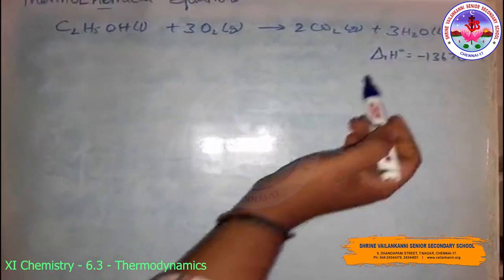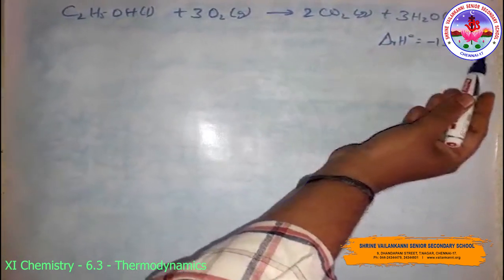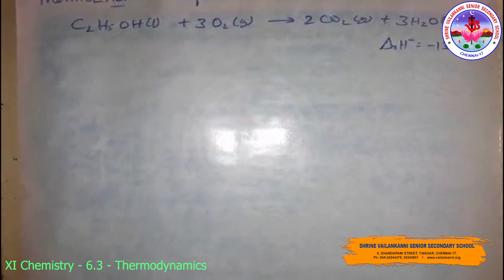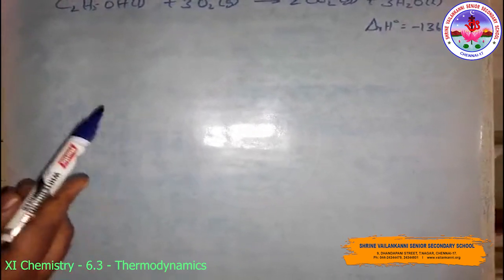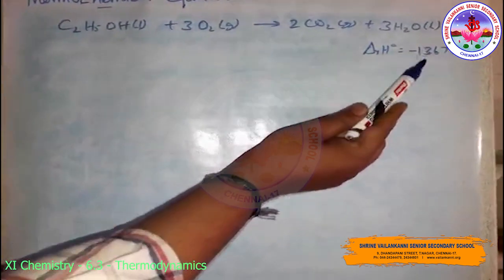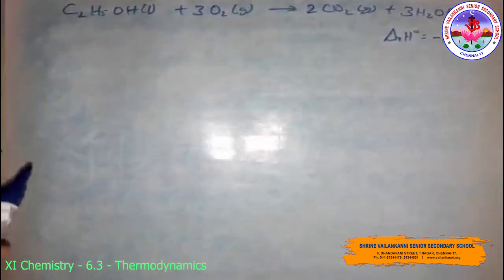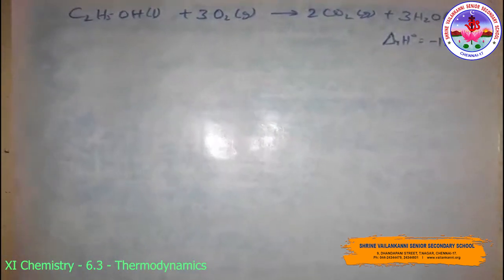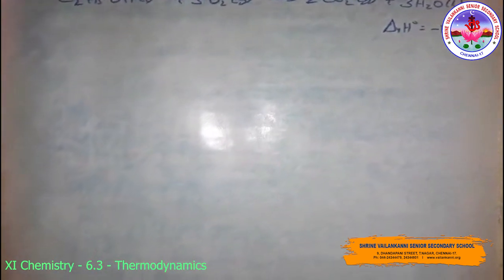So here the standard enthalpy of a reaction is minus 1367 kilojoule per mole. So this equation describes the combustion of liquid ethanol at constant temperature and pressure. So here this negative sign of the enthalpy change indicates that this is an exothermic reaction. The positive value means endothermic, the negative value means exothermic reaction.